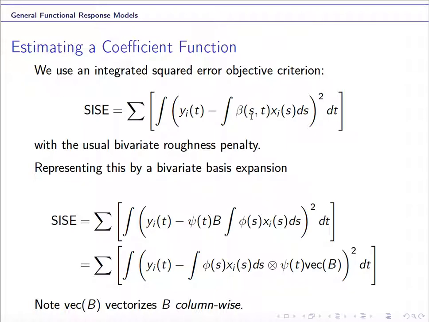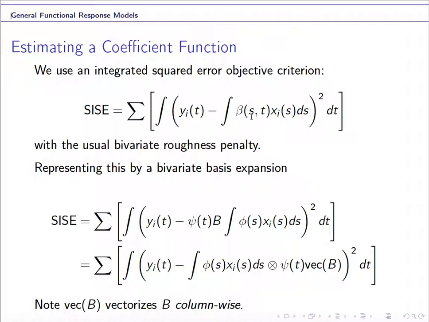To construct the bivariate basis functions, the easiest way is to use the tensor product of the basis function in each dimension. So you can write down phi_j(s,t), maybe I'm using a different notation, I'm using the b here.